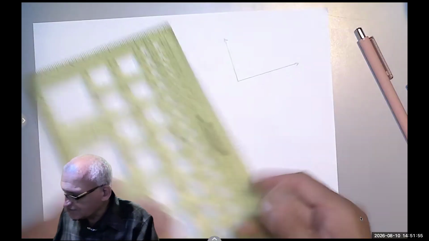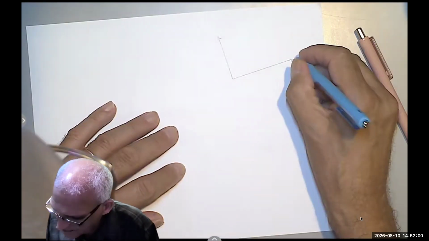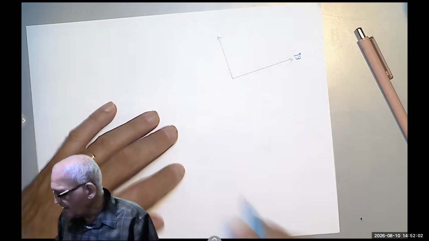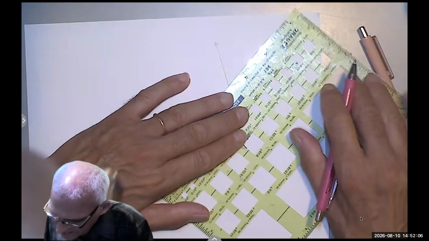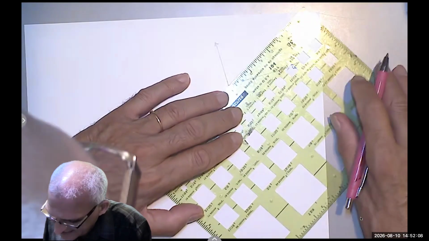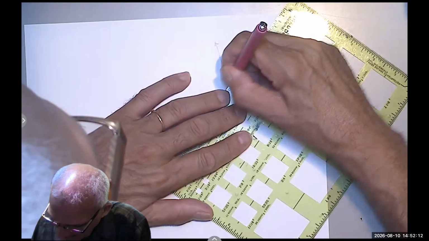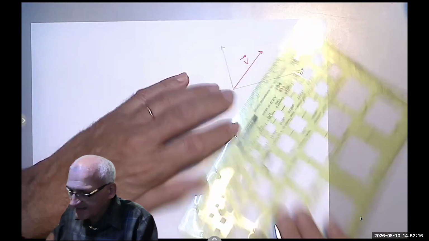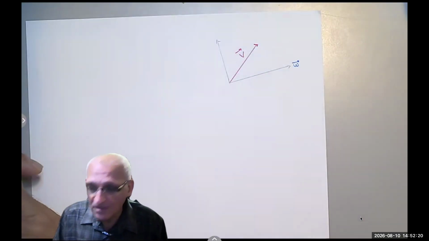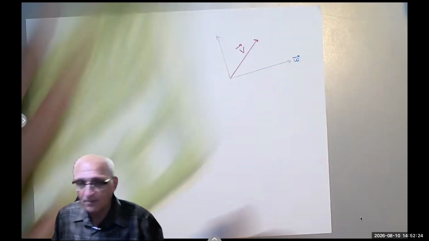So suppose this direction, let's call it W. And I have a vector in space or in 2D. Again, it doesn't matter what you call it, which dimension. I have a vector V here. And I say, I want to decompose V into two components, one along W and one perpendicular to W.